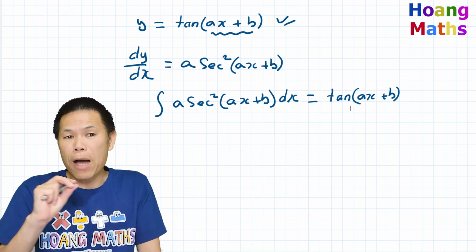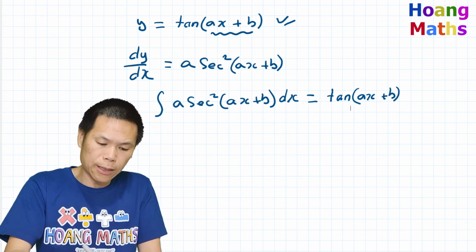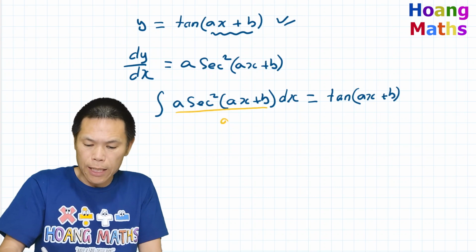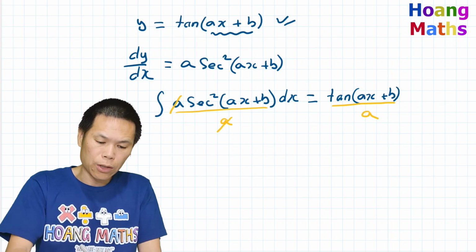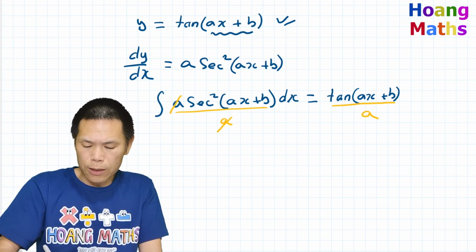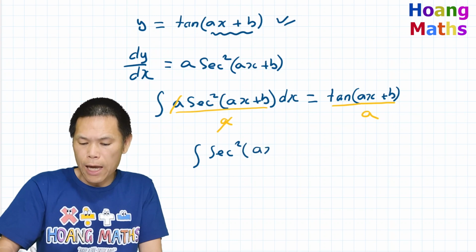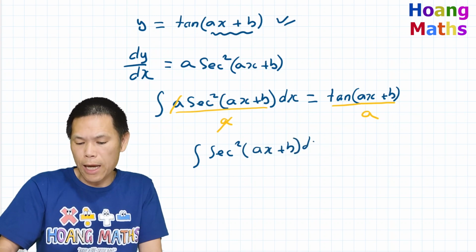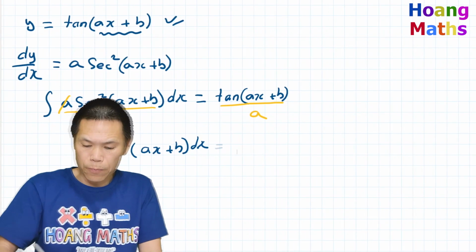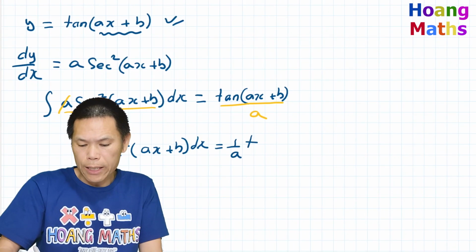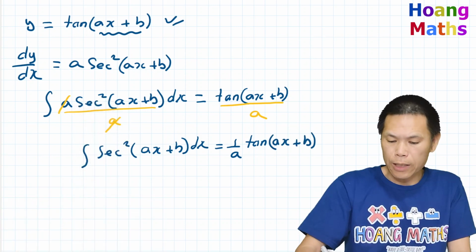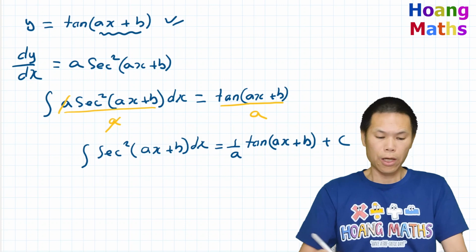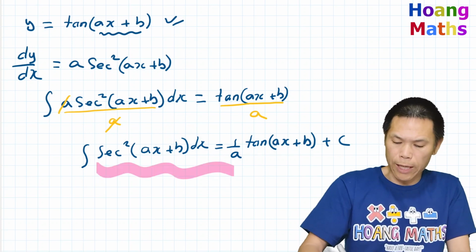And if we divide both sides by a, this cancels out. Therefore, the integral of sec square of ax plus b dx will give me 1 over a tan of ax plus b. And don't forget, we need to add a constant. So please keep that in mind as well, okay?